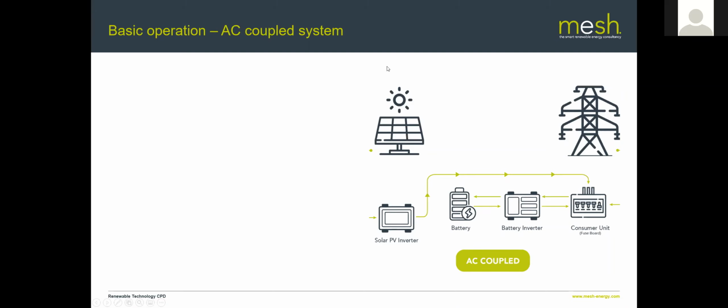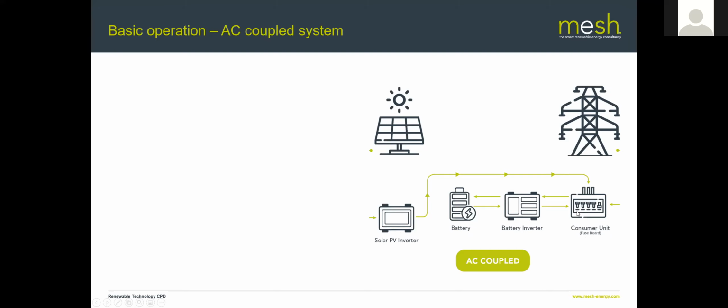Up here you can see a solar PV array, and you've got the mains on the other side. Electricity comes in through the PV and goes through the PV inverter, which turns the DC current generated by the solar panel into AC current that can go into your consumer unit, or fuse board, and off to all the appliances around your house.